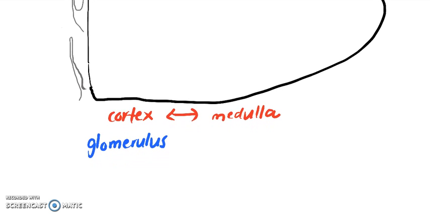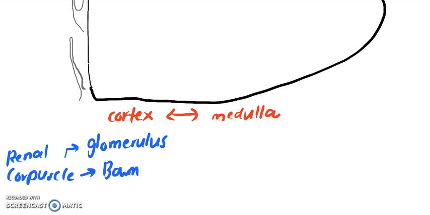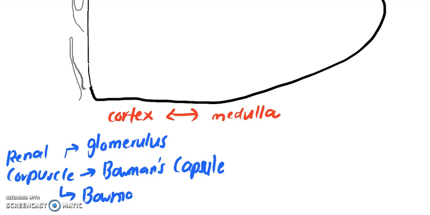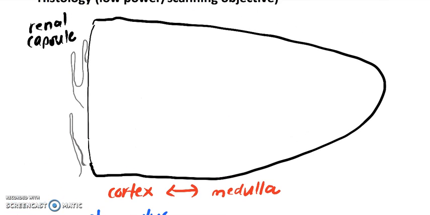But to be more specific, what we have in the cortex is the renal corpuscle, which includes the glomerulus, Bowman's capsule, and Bowman's space, which is just a distance from the glomerulus to the Bowman's capsule. So you will see these renal corpuscles only in the cortex region.